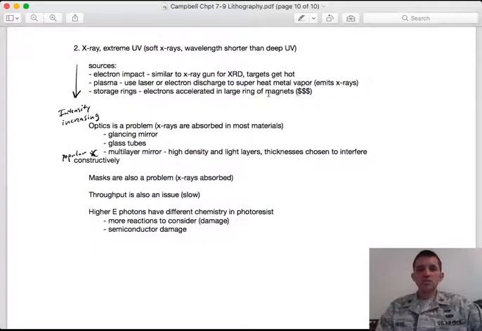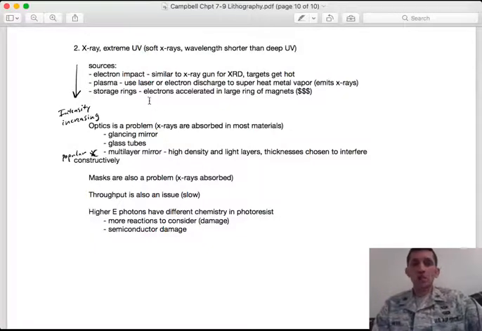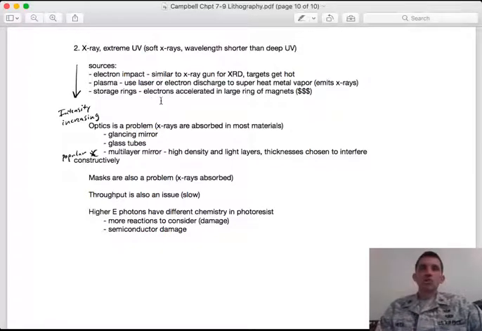This is expensive, especially if you want to have a small ring or really powerful magnets, because you have to have essentially really big electromagnets that are cooled, use a lot of energy, or superconducting magnets, which require supercooling with liquid helium, which is expensive. At any rate, as you move from electron impact to plasma to storage rings, you get more intensity, but you also get more expensive.